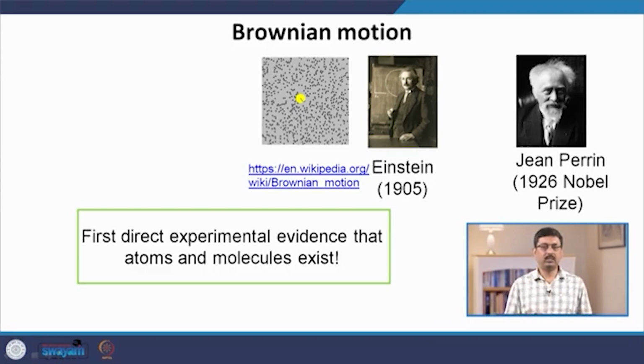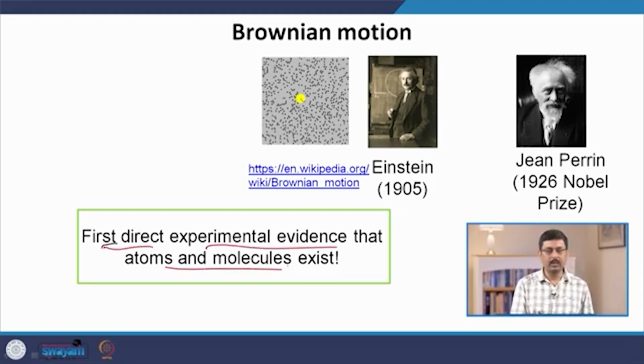The significance of Einstein's theory and Perrin's experiments is that this is the first direct experimental evidence that atoms and molecules exist. Even though it was proposed long before by chemists, physicists in the 19th century did not believe that atoms really exist.